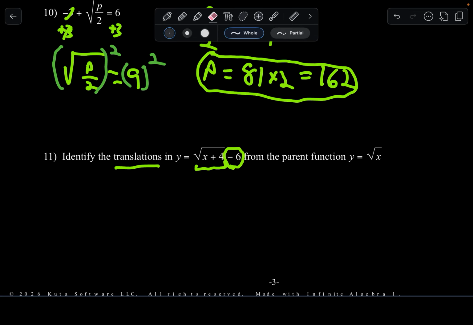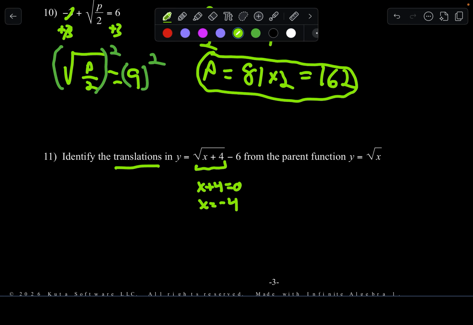Now, to help you with this, I've always told you, remember, your x's are liars. So when you see an x plus 4, basically set that equal to 0, because we just want to know what value of x makes that 0. And you'll see that's x equals -4.